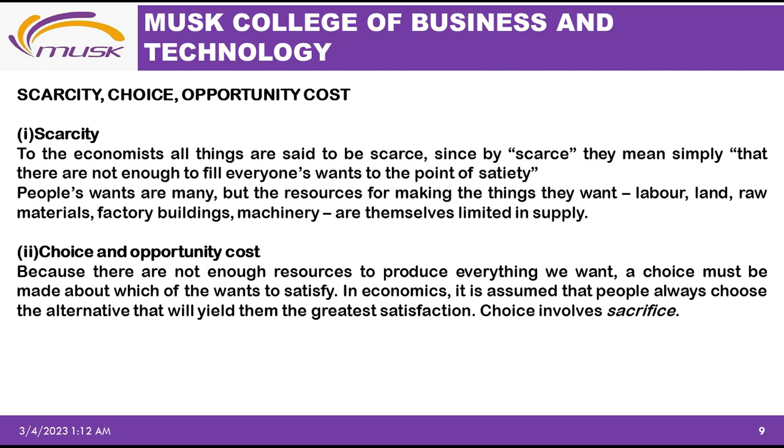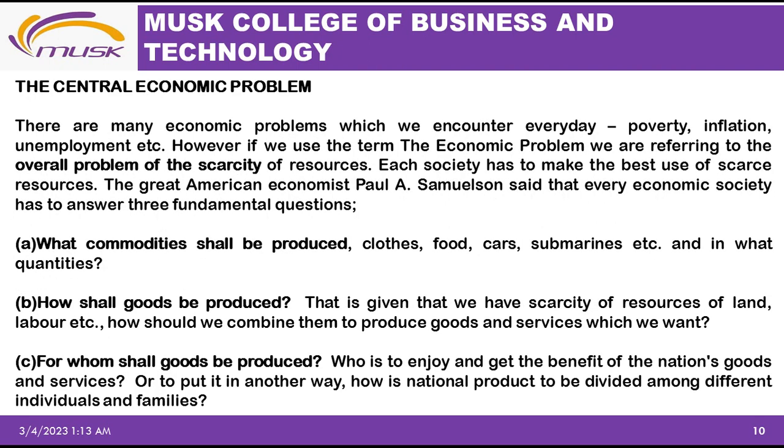The cost forgone is what we are calling opportunity cost. So every economist will at some point be forced to make a choice to buy an item and forego the other because they do not have enough money to be able to buy both items.